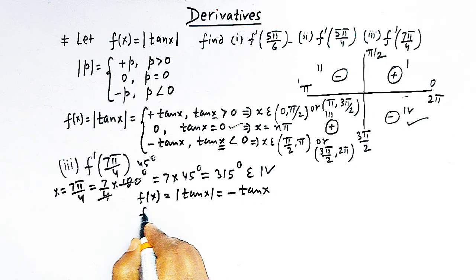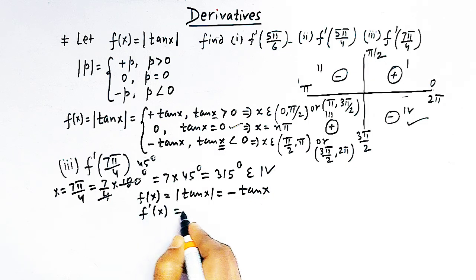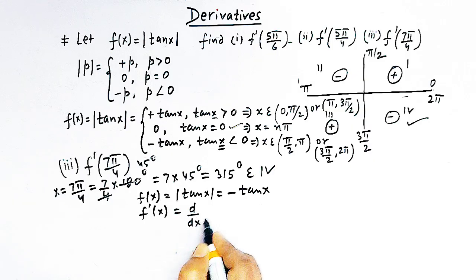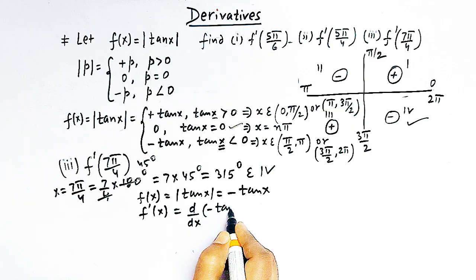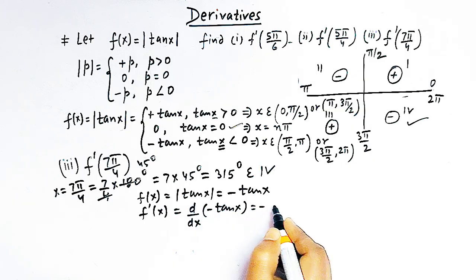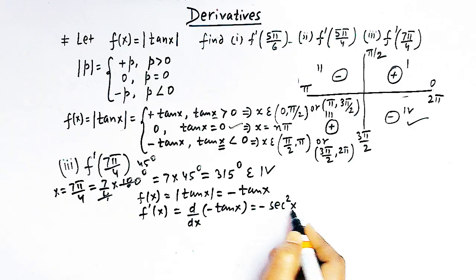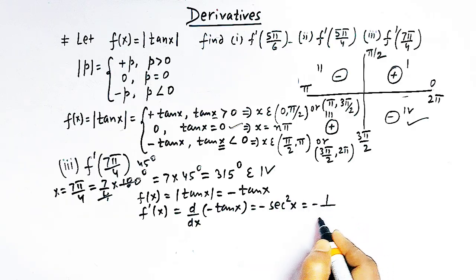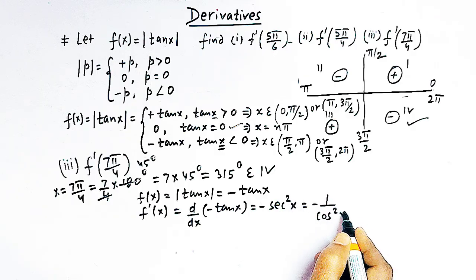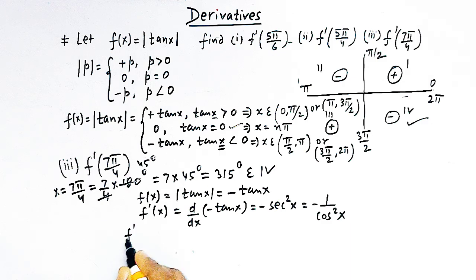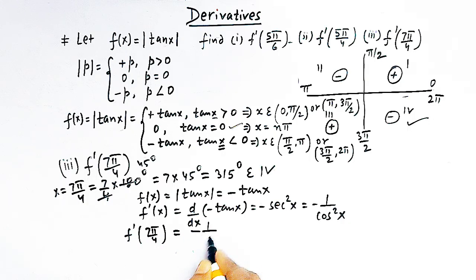So now differentiating, f prime of x is equal to d by dx of minus tan x, that is minus secant square x, that is minus 1 over cos square x. So now taking the value of x as 7 pi over 4, we can write minus 1 over cos square 7 pi over 4.